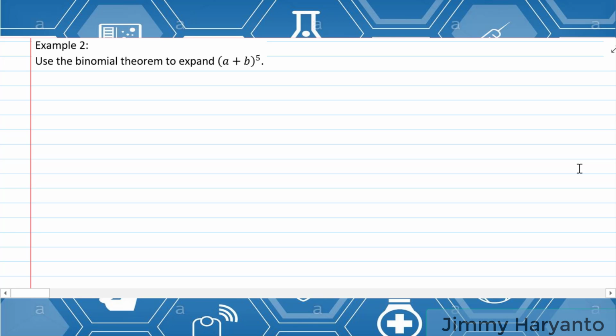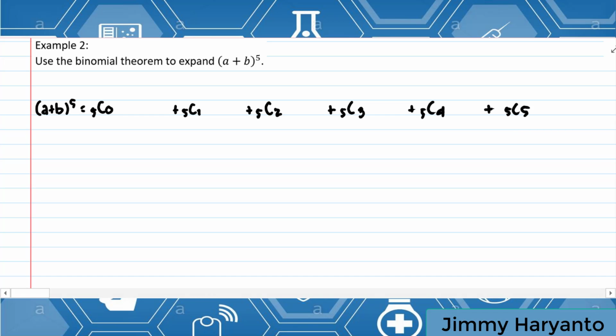Next, how about this one? (a + b) to the power of 5. It's also the same. We prepare the C first: 5C0, 5C1, 5C2, 5C3, 5C4, 5C5. It ends when you write the same numbers.